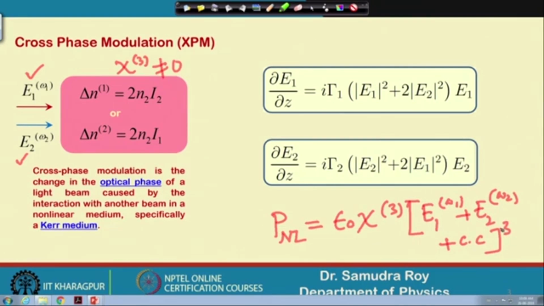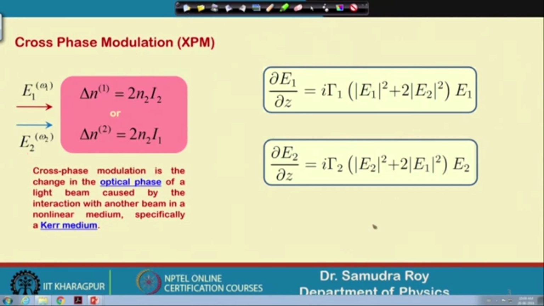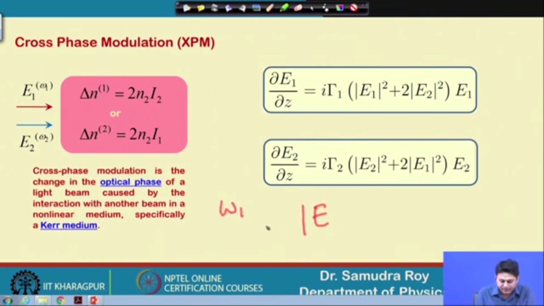Once we calculate the P nonlinear, different frequency components will arise. One particular case is where P nonlinear has a frequency component omega 1 or omega 2, and we can readily see how these frequencies come from this term. In order to have omega 1 frequency in P nonlinear, we have the term |E2|^2 E1.